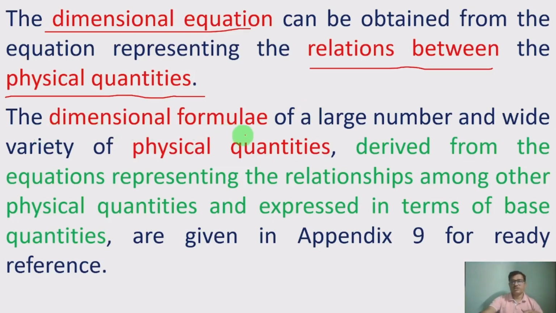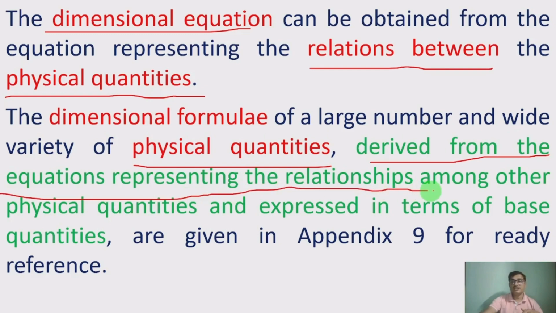The dimensional formulae of a large number and wide variety of physical quantities are derived from the equations representing relations among other physical quantities. Again, like force per area, there are some other relations we are going to get for a wide variety of physical quantities.